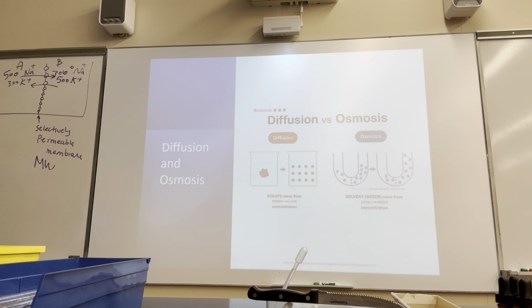Now, something that's very important to know. No particle is moving without an energy. What's the energy that powers diffusion? Please don't say chemical energy, because that's ATP. This is known as kinetic energy. Kinetic energy. This is the energy of motion.